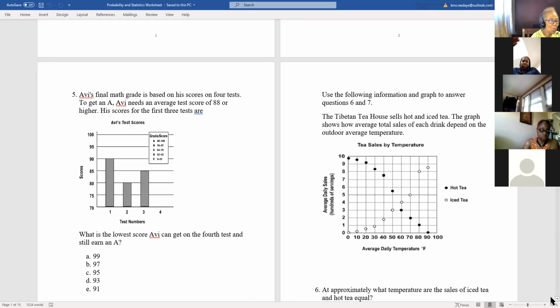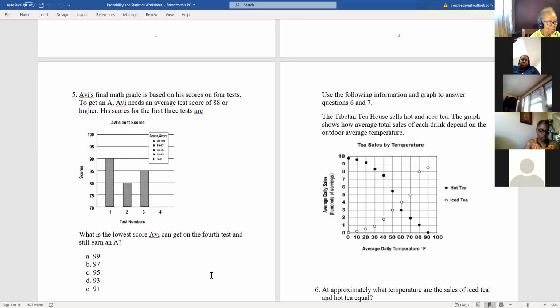Because the first 3 were already there, right? Yes, the first 3 are on the graph, 90, 80, and 85. So then I added all the rest of the numbers, 1, 2, 3, 4, 5 numbers I add up, and I get 475. And I divide it by 5.